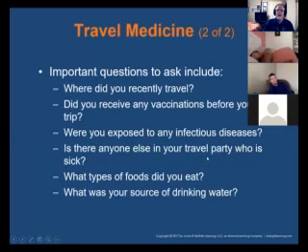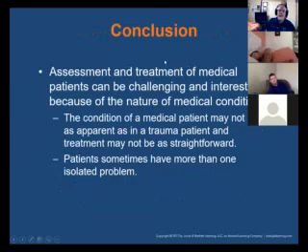Is anybody else from your travel party sick that you know about? What kind of foods did you eat? What was the source of any drinking water? If they say they drank water the whole time, was it bottled water? Did it come out of a tap or a local well? Where did the water come from?